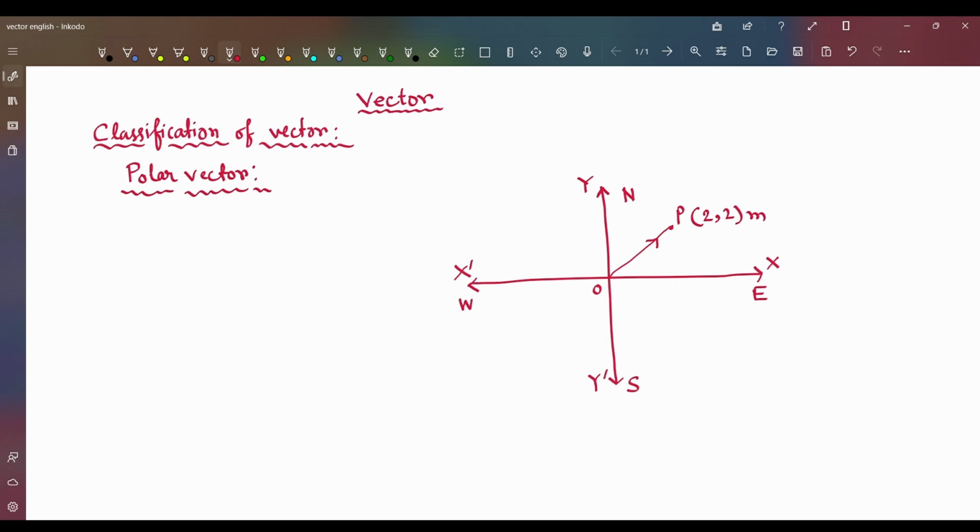It is a polar vector with a starting point and is represented by a line segment along particular direction. The particle changes its coordinate after starting from point O and it is now at point Q, minus 2, 2 meter. The displacement vector is represented here by OQ vector.